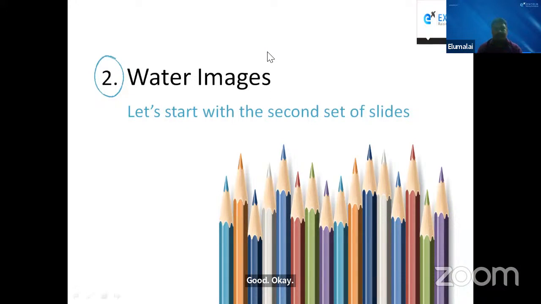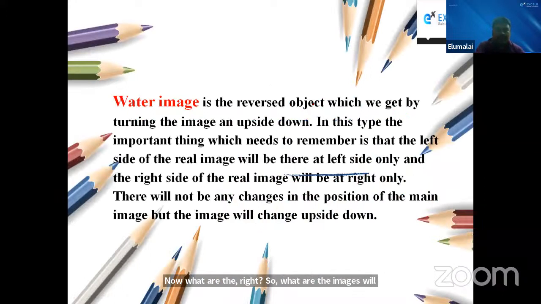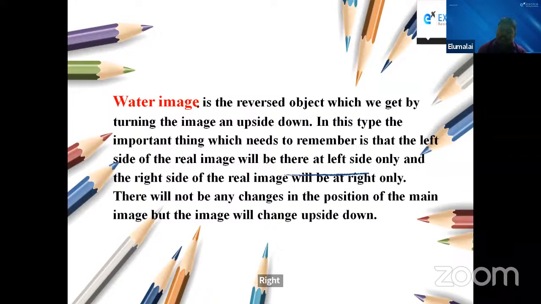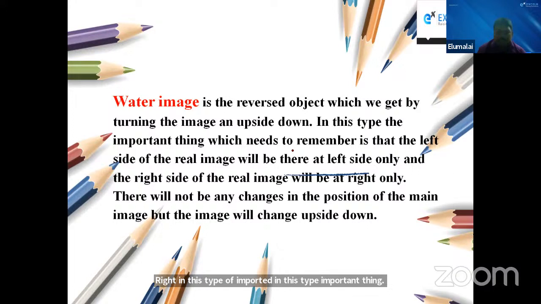Now water images, right? So how will water images look like? I can show you an example. So here, water image is the reversed object which we get by turning the image upside down. In this type, the important thing is left side objects will be in left itself, right hand side objects will be in right hand side itself.